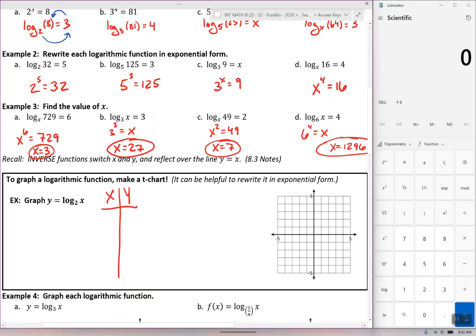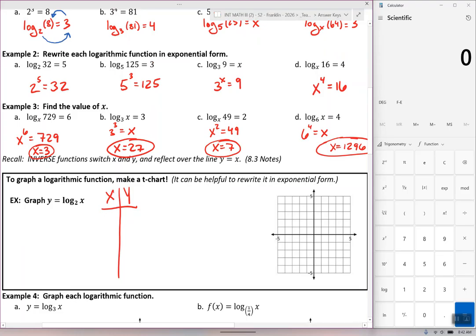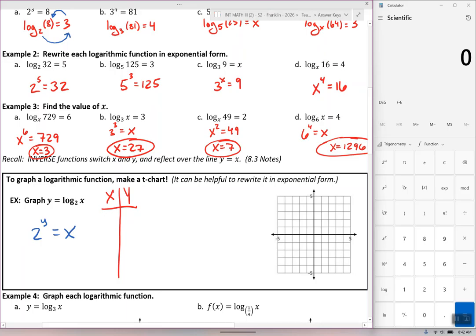But it can be helpful to rewrite our function as an exponential function because mentally that just makes more sense. It's hard to know what the process is for a log function, but if I rewrite it as an exponential function, this can be easier to get our points. So let's rewrite this. We have log base 2 of x equals y. So 2 to the y power equals x. Well, this is a little strange. Normally, x is our input, and we get the answers out for y.